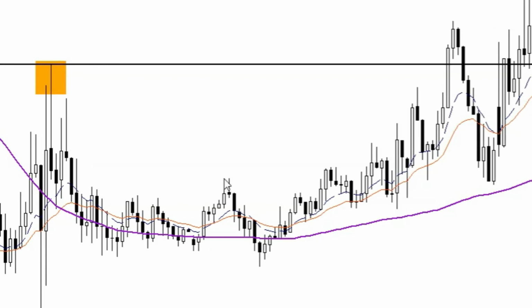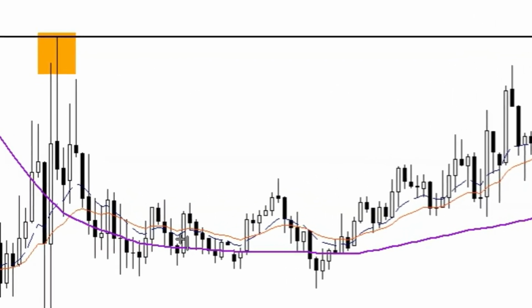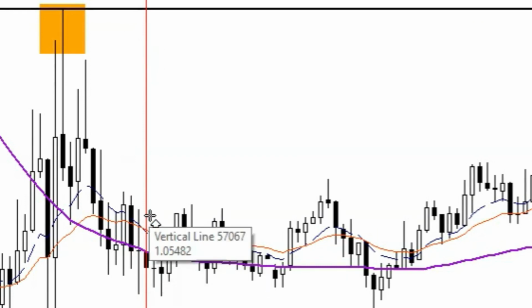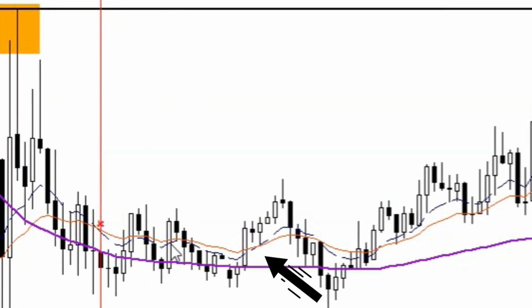We identify the recent swing highs now. A crossover happened after that, but it was downward, so the signal is invalid since the trend is up, so we ignore it. The next crossover is upward, so we have to wait for the swing highs to break. That didn't happen in the next movement, so the signal loses credibility. We have got to wait for the next signals.